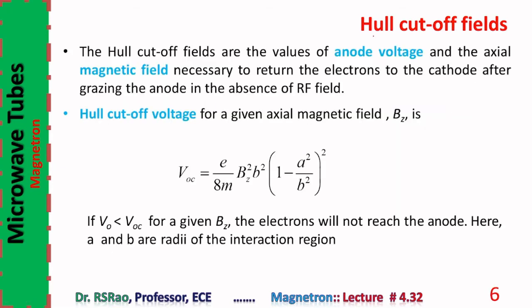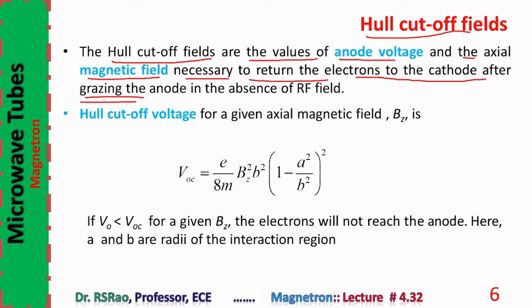A few points regarding Hull cutoff fields. Hull cutoff fields are values of anode voltage and axial magnetic field necessary to return the electrons to the cathode after grazing the anode in the absence of RF field.